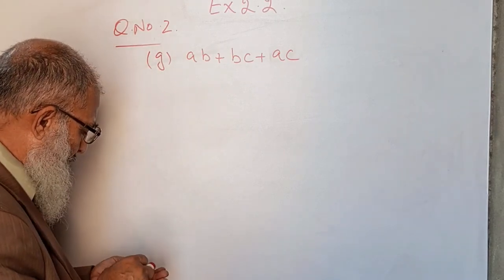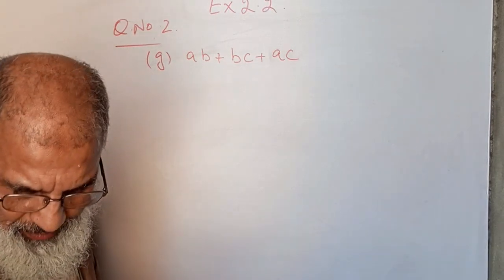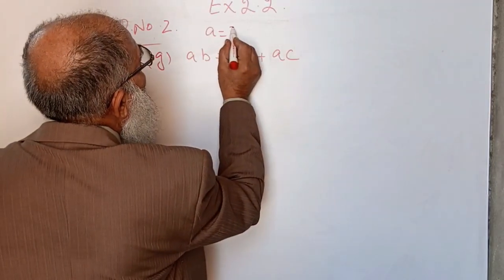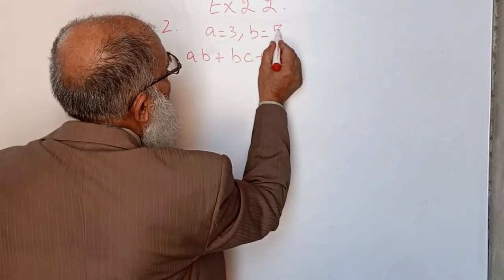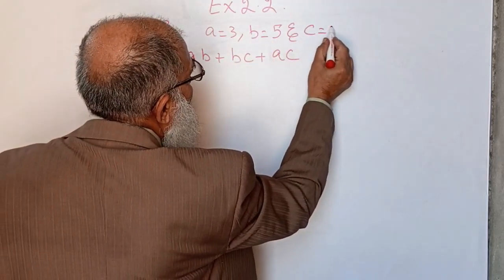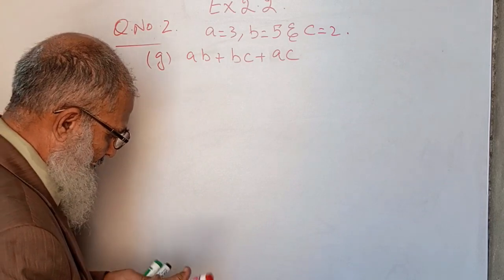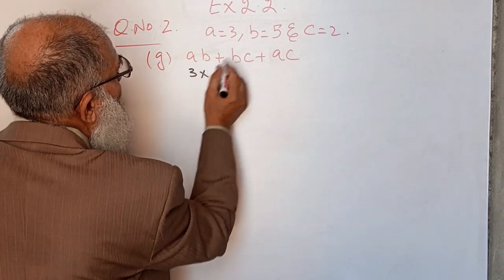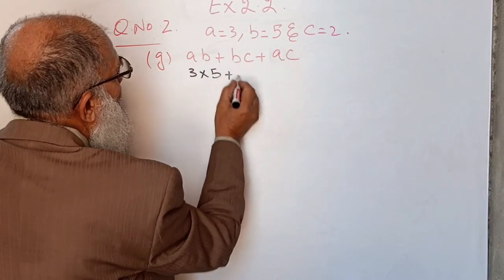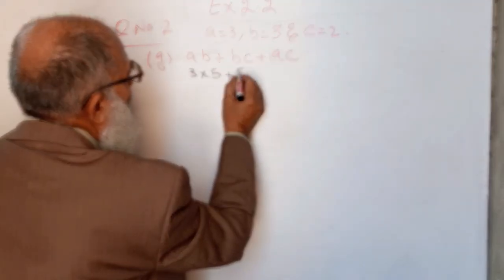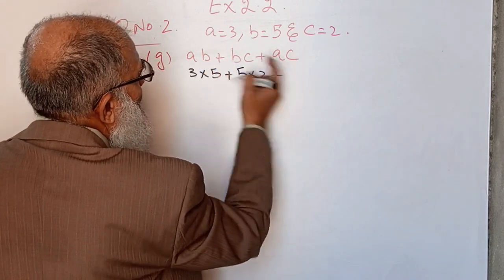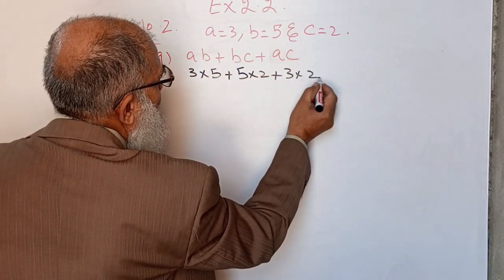I have already written the values: A is equal to 3, B was 5, and C was again 2. So 3 multiplied by 5, 5 multiplied by 2, and 3 multiplied by 2.